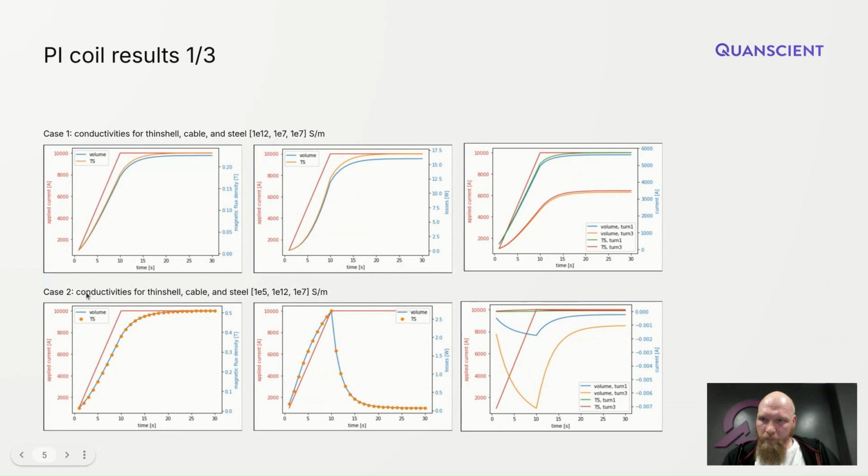Then the second case, we introduced a poor conducting material for the Thinshell, and also the volume, of course, for the thin volume. And here are the results for that. They are almost in perfect match in this case. So the field is rising at the same rate in both models. Also the losses are the same.